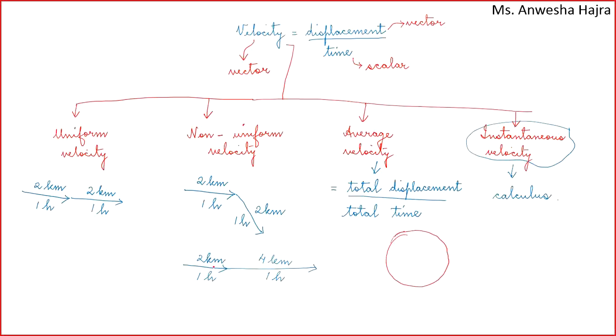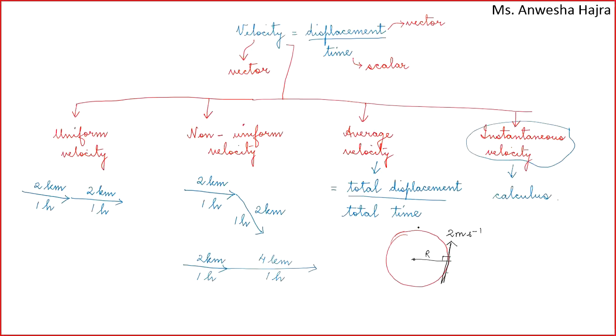In circular motion, velocity is tangential. Now what is tangential? See, this is the radius. Tangent is perpendicular to the radius. This is 90 degrees.